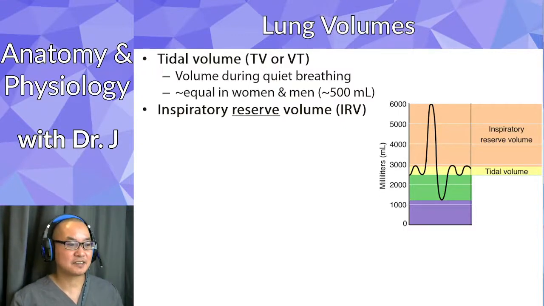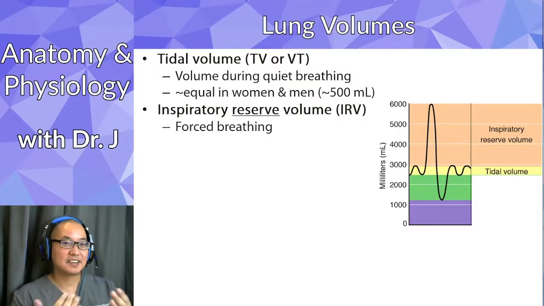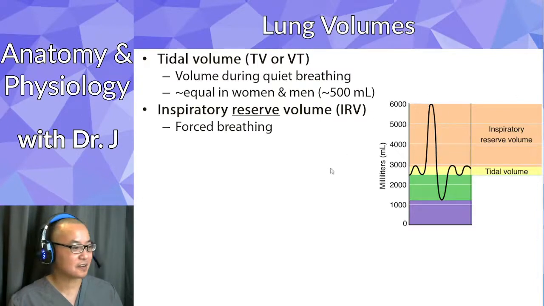And that's why the volume inside your lungs climbed all the way up to here, not 600, 6,000 milliliters. Now, this is due to forced breathing because you're making a conscious effort to breathe in as much as you can and inflate your lungs as full as you can. So that's why you hit a maximum over here.